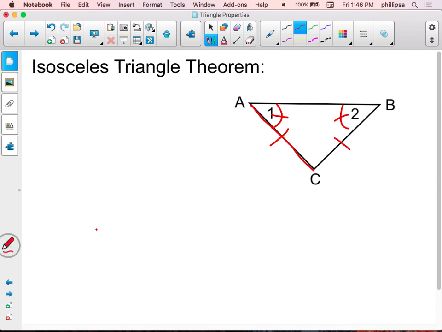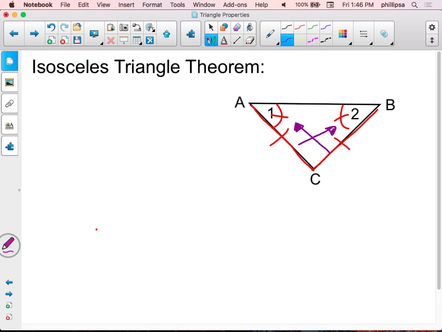The angles are always going to be across from your two congruent sides. So we have to understand the idea of being across from, across or opposite. Two things are opposite when they have nothing to do with each other, okay?